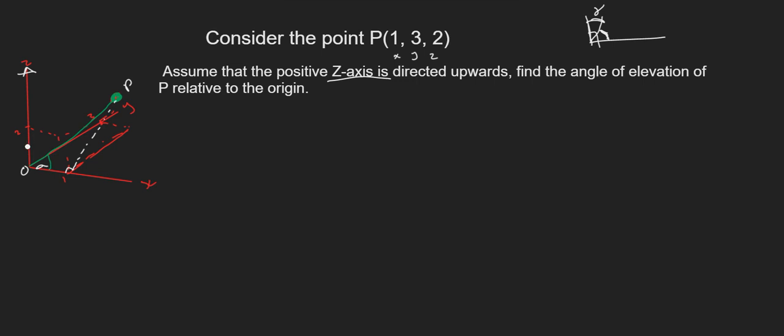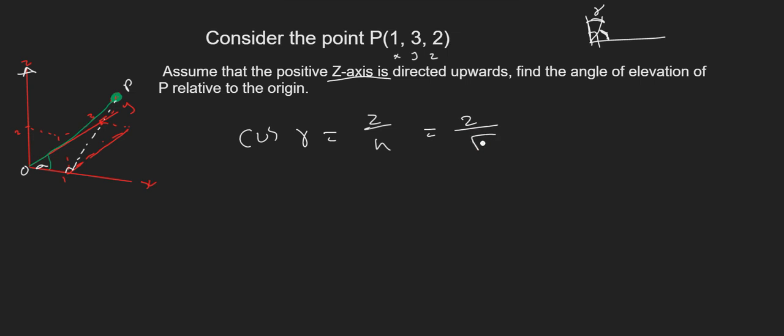Okay, so we can get the angle that this one makes with the z-axis, of which cos of that angle is equal to, because it's z, it's going to be z all over hypotenuse, and that is going to give the angle you make with z. We have 2 on z.